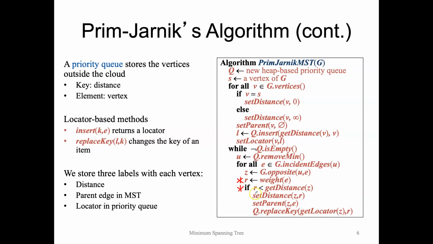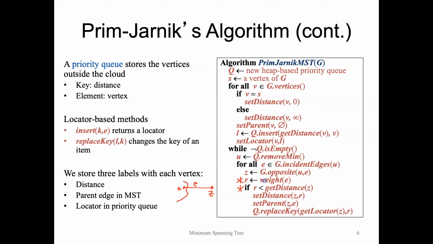Again, this is if we have some vertex U, which we've just added to the cloud, and we're relaxing this edge E, which connects U to vertex Z, we set Z's distance label to be the better of either whatever it was before or the weight of that edge, not an accumulation of weights, but just the weight of this edge. And if that value is smaller, we update the distance label for Z, appropriately set its parent, and then update where Z belongs in the priority queue since its distance label is updated as well.